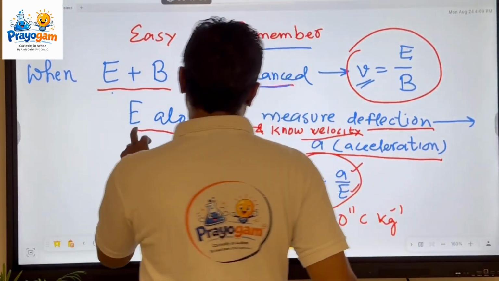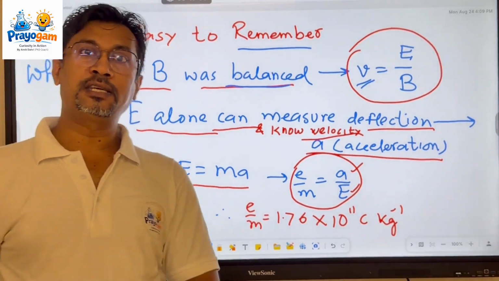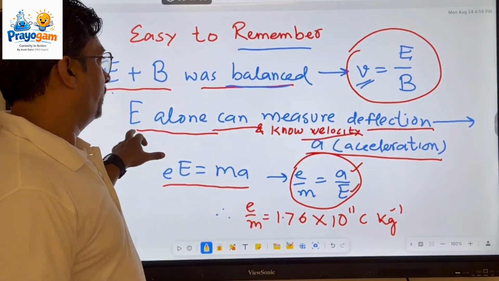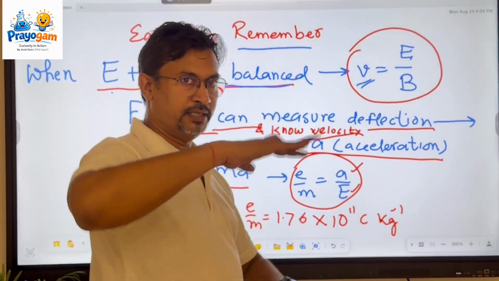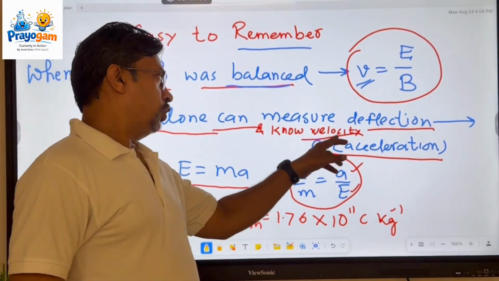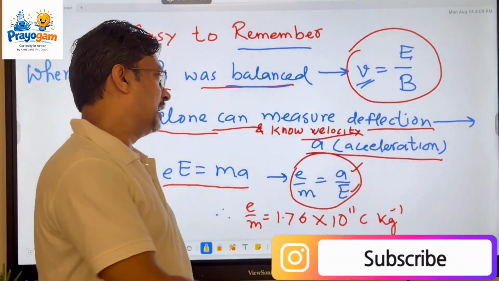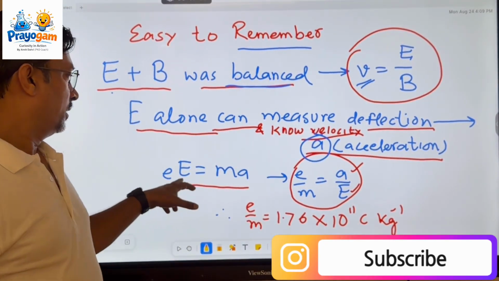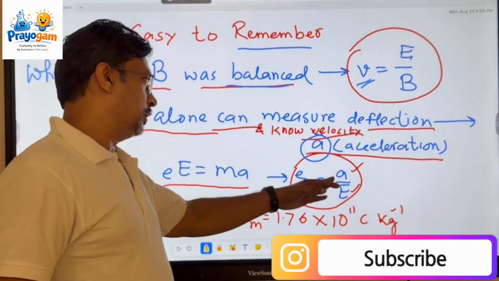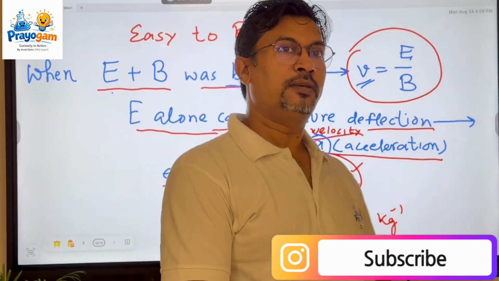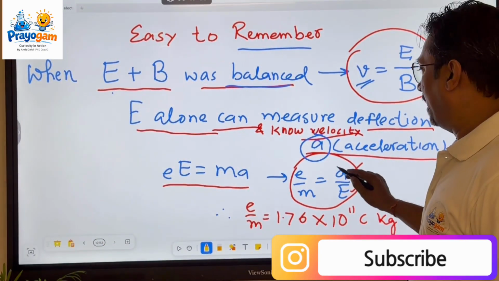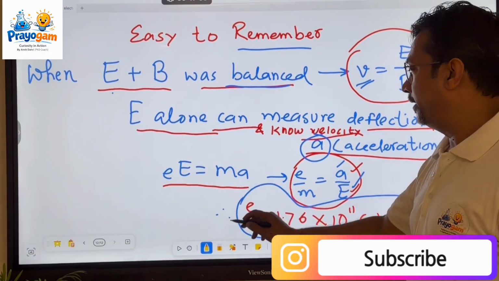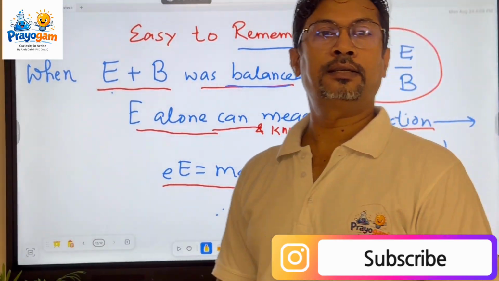And when E alone, the first case where we applied only the electric field, from E alone we can measure the deflection, right? With known velocity we can calculate a, acceleration. So this equation we have already seen, e by m is equal to a by E. From this equation, by getting the value of acceleration and electric strength, the e by m value was calculated by J.J. Thomson.